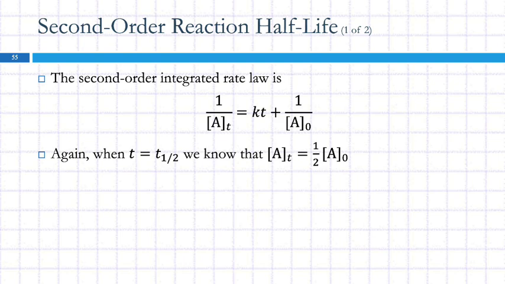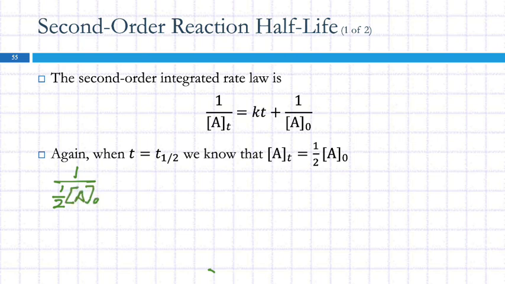So here we have the second order integrated rate law. And again, we're going to find the equation for T1/2 by realizing that A at time T1/2 is going to be half of the original concentration. So we're going to have 1 over 1/2 A0.